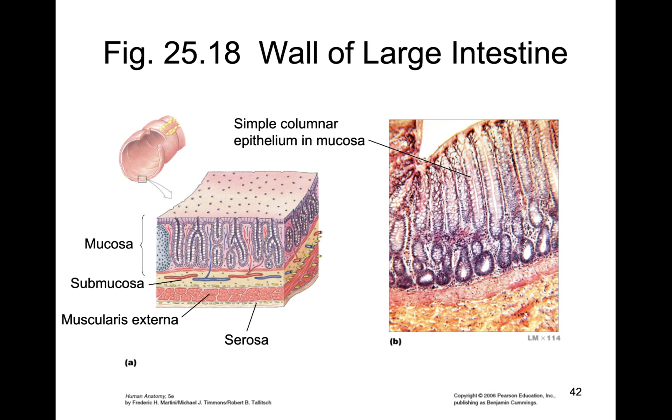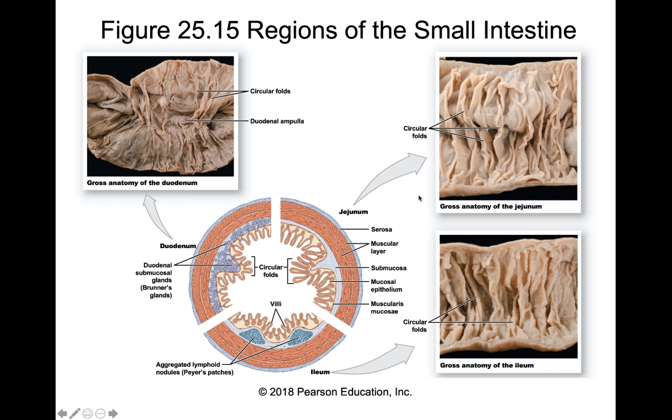This is the cross-section of the large intestine, and if you look at it, it's very similar to the stomach. It's flat and it has no villi. And there are 3 layers: mucosa, submucosa, and muscularis externa, and then there's an outer layer called serosa. So this is the small intestine. In the small intestine, you're going to have plica, you're going to have villi, and then microvilli. So let's compare these 3.